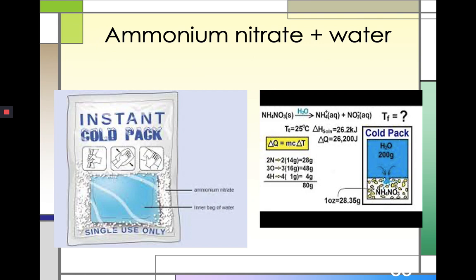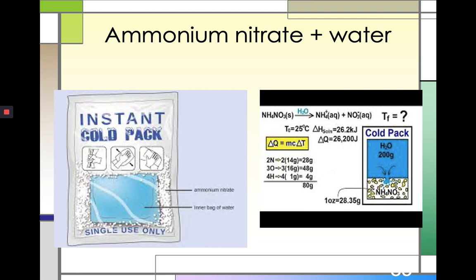Another evidence of a chemical reaction is shown in the ammonium nitrate and water reaction. This is very familiar to athletes wherein you have cold packs or hot packs if you are having a sprain.